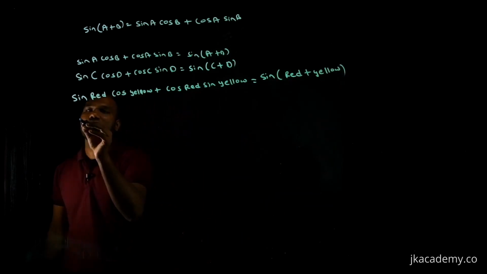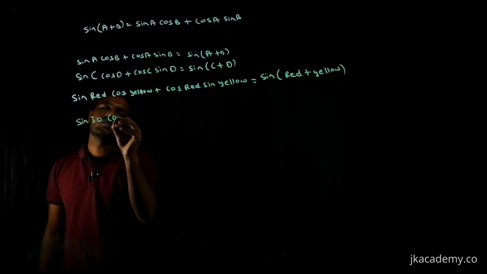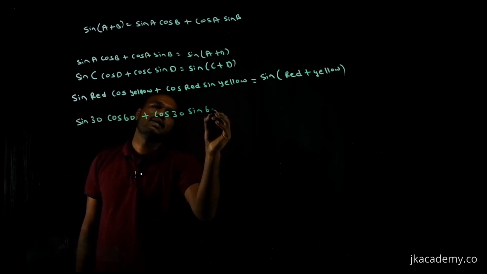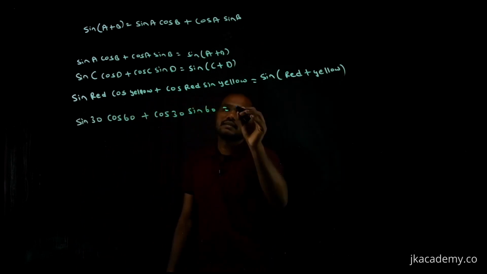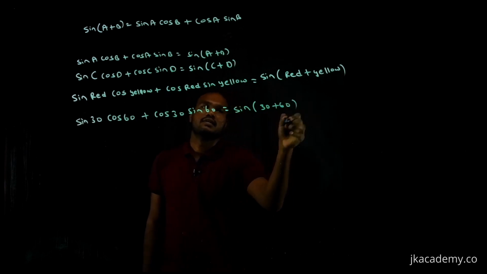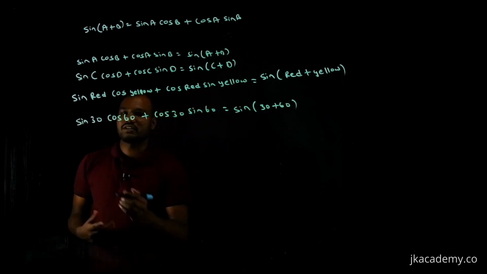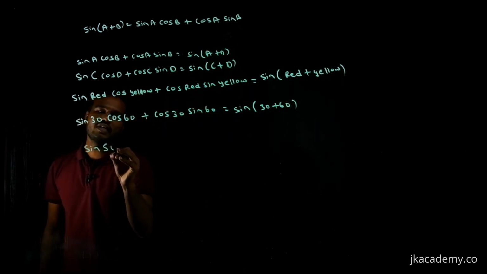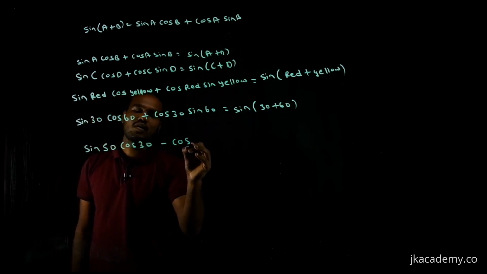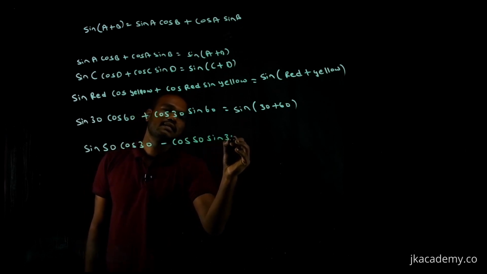So if I give you a question now, sin 30 cos 60 plus cos 30 sin 60, what will be the answer? Sin of 30 plus 60, isn't it?